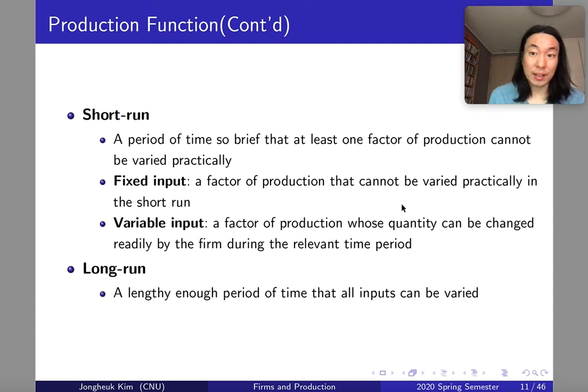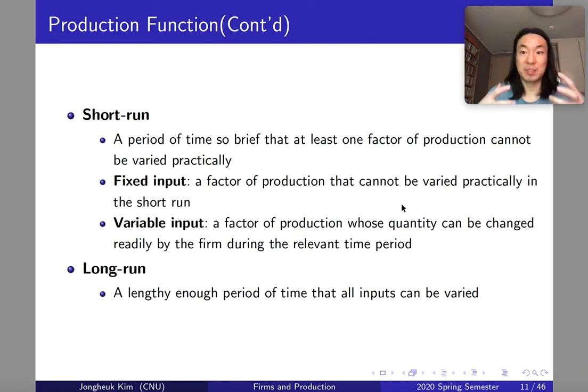The long run is a time span where all the inputs are variable. A variable input means that it could be controlled and varied over time. A fixed input or fixed cost means that it is not varied over time.